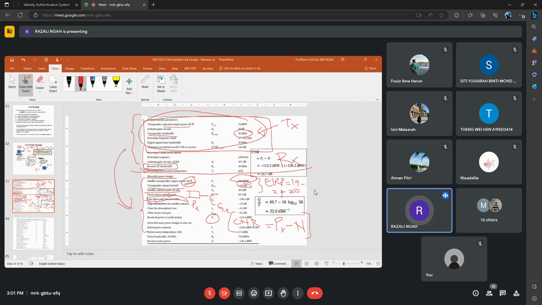It's not like in mobile communication. You use an equation, right, based on which model. You determine the receive power, and then you minus the noise power, you will get the carrier to noise ratio.